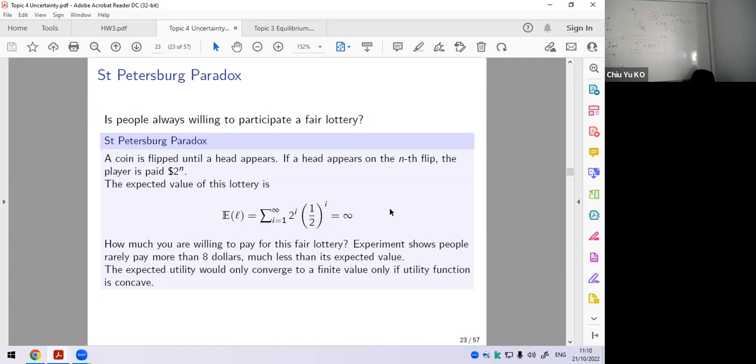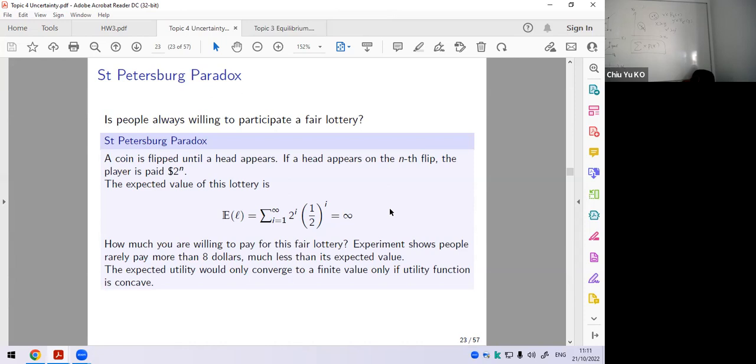What it said is people are not willing to participate in a fair lottery. Consider this case: you flip a coin, and whenever the coin is heads, we stop the game.